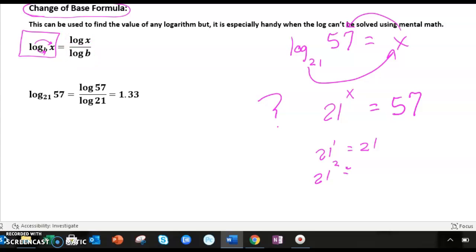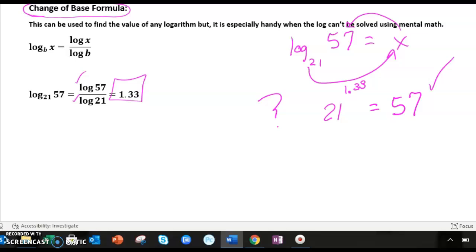So what you're doing is changing the base to base 10. I did that in my calculator. I took the log of 57 divided by the log of 21, and I got 1.33. So if I took 21 to the 1.33 power, and that's rounded off so it's not going to be exact, I would get 57.